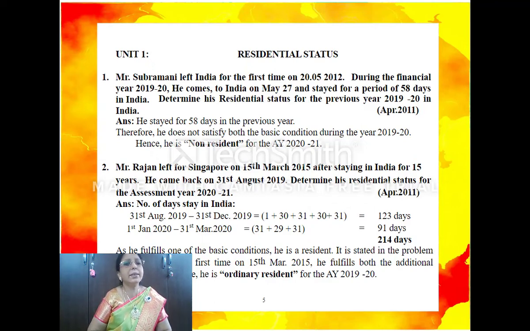In those 7 years, he has been here for 15 years before 2015. So when we count, it is more than 730 days of stay in India in 7 years prior to the previous year. So he fulfills the second additional condition also. That's why he becomes a resident and ordinarily resident.